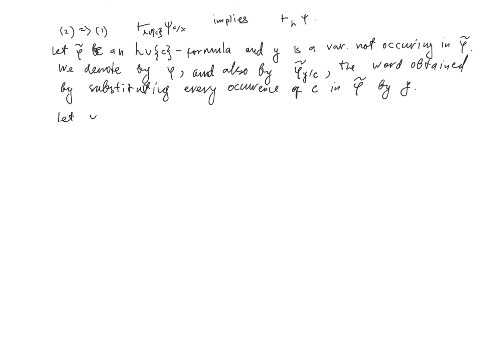Now let phi tilde, psi tilde, and chi tilde be formulas in the language L together with the constant symbols from C, with no occurrence of the variable y. Then we have the following claims.